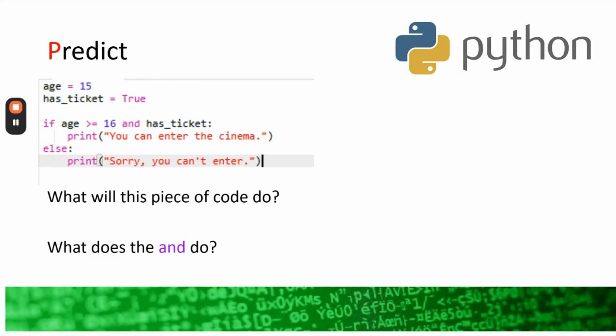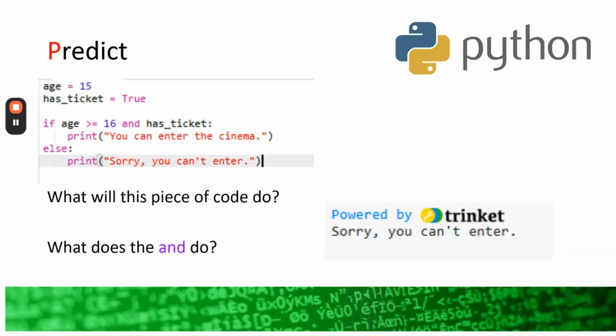The has ticket is true. Because if they're older than 16 but they don't have a ticket, they can't come in. And if they're younger than 16 and they do have a ticket, they can't come in. So you need both of those conditions to be true in order for the and to work. So what that will do is print sorry you can't enter in that particular instance, because the age is below 15, even though the person has a ticket.